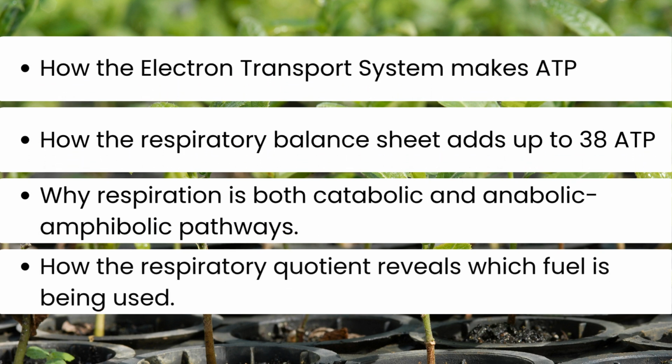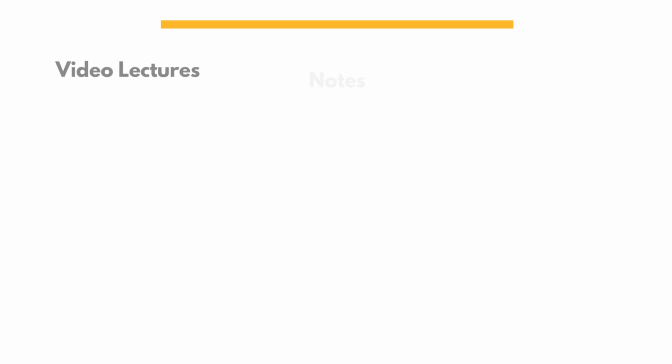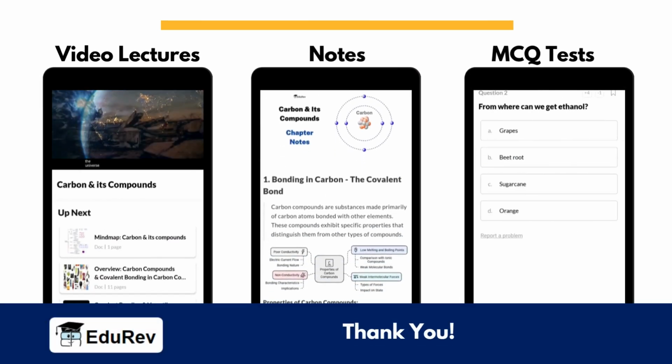To wrap up, we covered how the electron transport system makes ATP, how the respiratory balance sheet adds up to 38 ATP, why respiration is both catabolic and anabolic, that is, amphibolic pathways, and how the respiratory quotient reveals which fuel is being used. We hope that you have understood the topic.